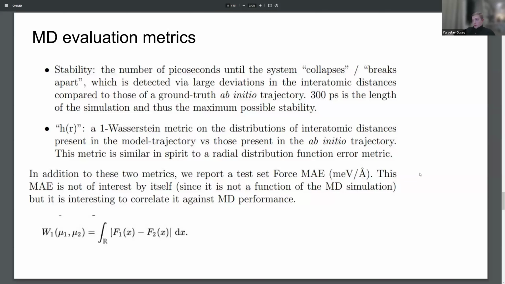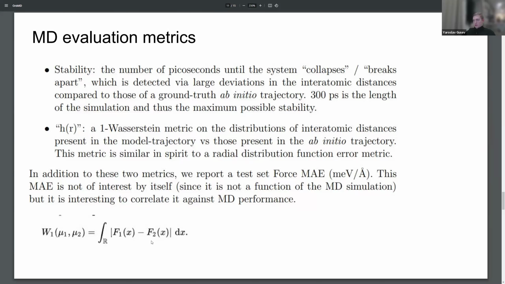And the Wasserstein metric is essentially just this integral where you take two distributions. This F is the cumulative distribution function, the integral of p of x from minus infinity to x, and you just integrate the absolute difference of those to obtain this metric.